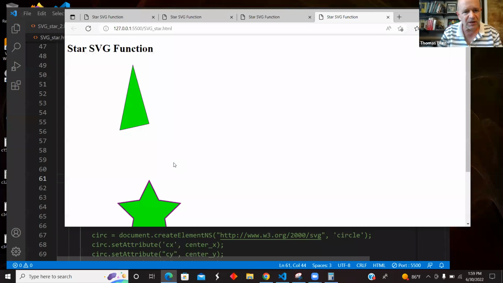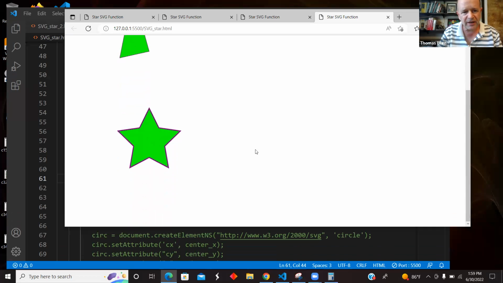So again, if I open with my live server, here was their triangle, their example, and now here is my star with the lime green fill and the purple stroke, and you can see that my stroke width is thicker since I had a 3 to their 1.